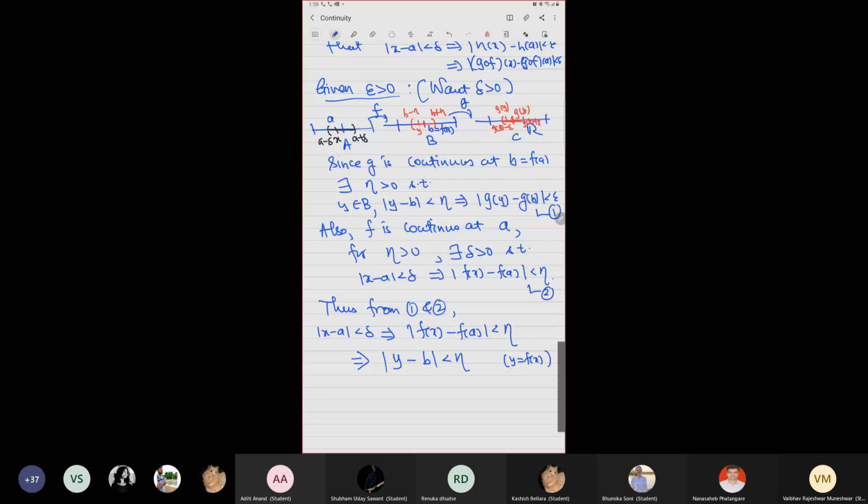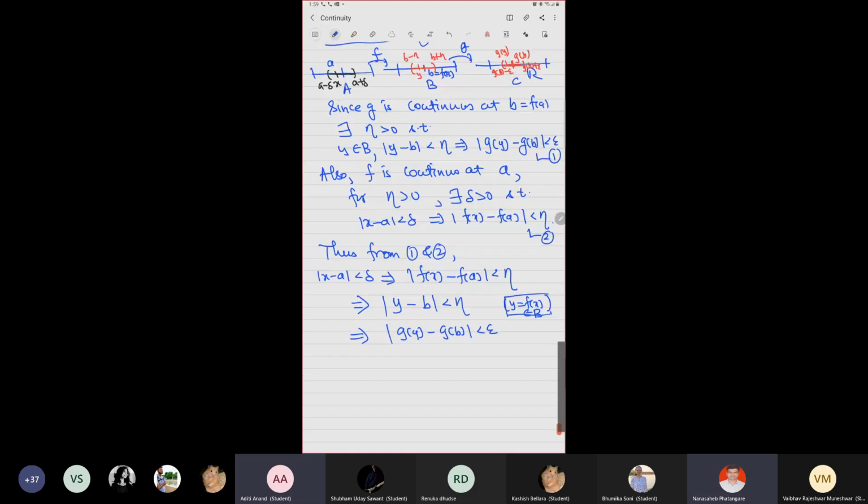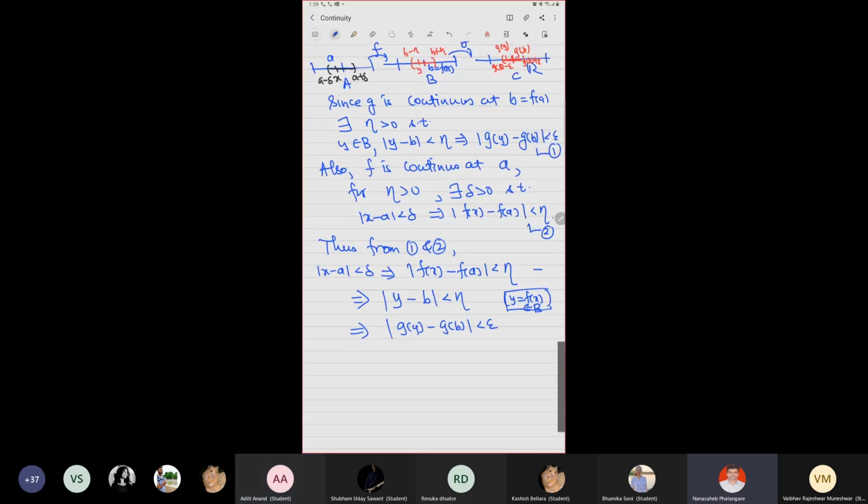Yes. And y, which is f(x), is in B. Now if the distance of y from b is less than eta, then can I say that the distance of g(y) and g(b) is less than epsilon? Is it true? Yes, by expression 1. And the previous step is by expression 2.